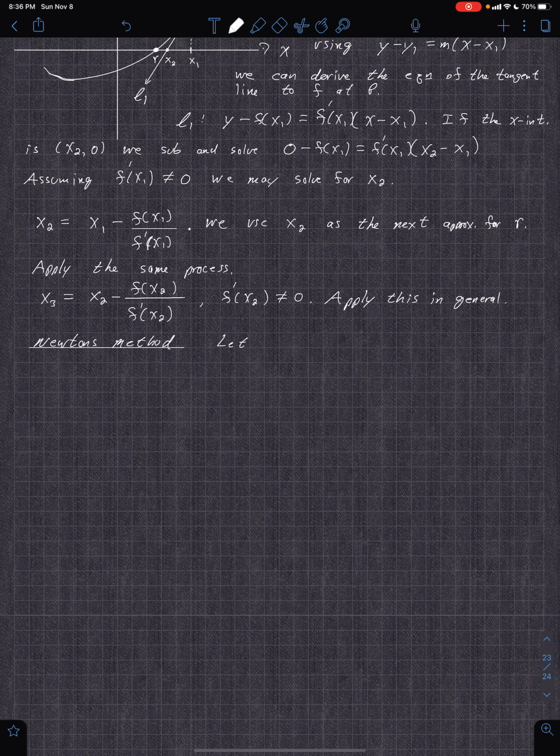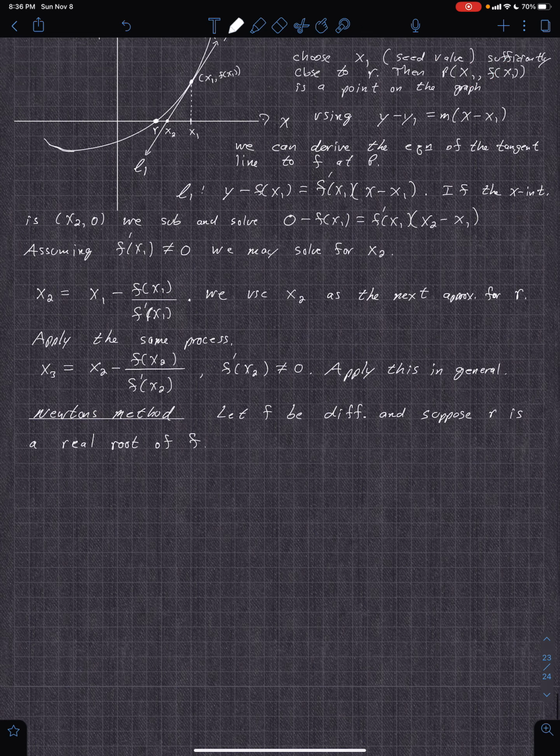First, let f be differentiable. Period. So it's differentiable, and suppose R is a real root of f.